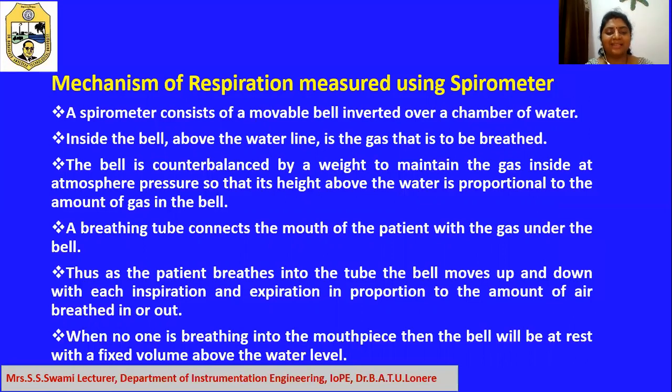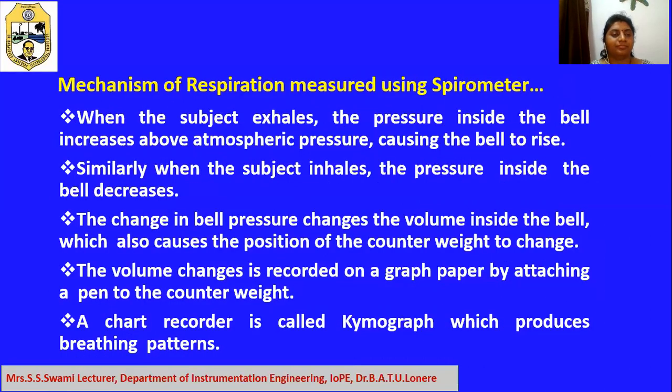When no one is breathing into the mouthpiece, the bell remains at rest with a fixed volume above the water level. When the subject exhales, the pressure inside the bell increases above atmospheric pressure, causing the bell to rise. Similarly, when the subject inhales, the pressure inside the bell decreases.